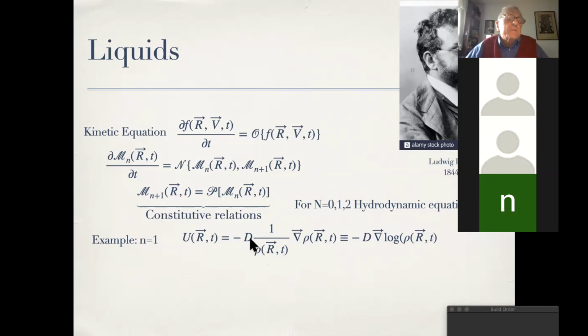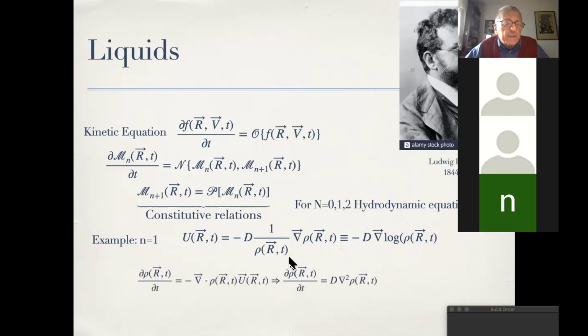And there is some numerical coefficient here, which I have denoted as a number D. That I can rewrite, for those of you who know a bit more mathematics, as a derivative of a log. But anyway, U is a function of rho.